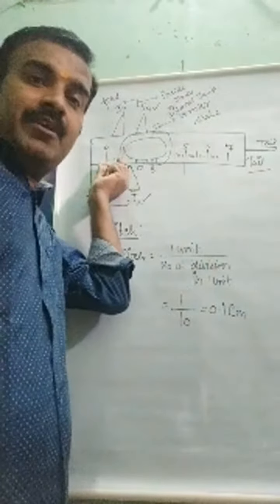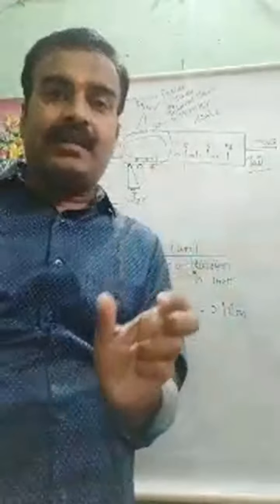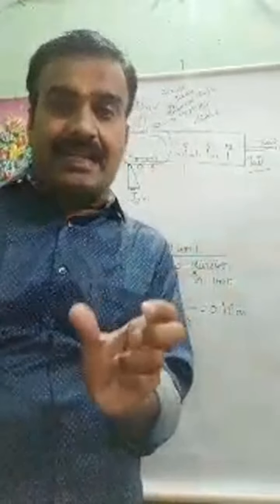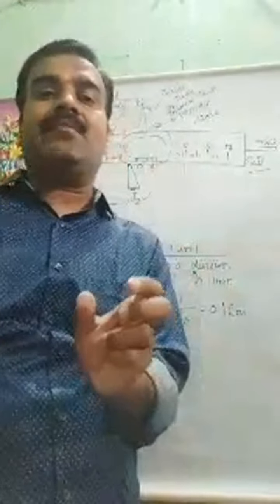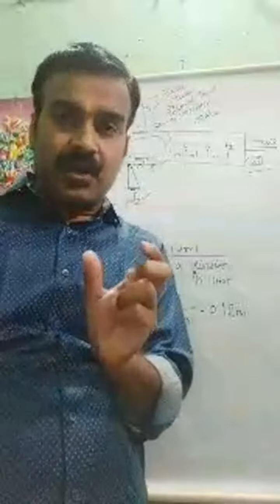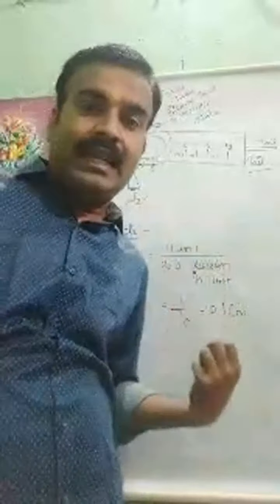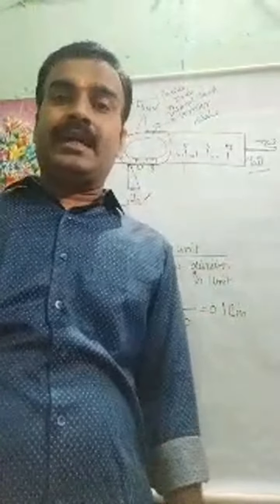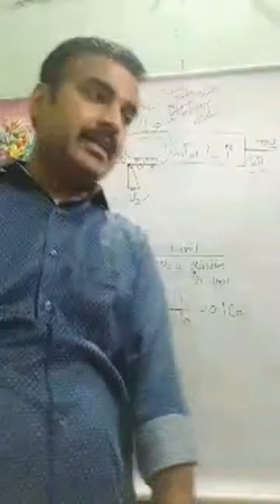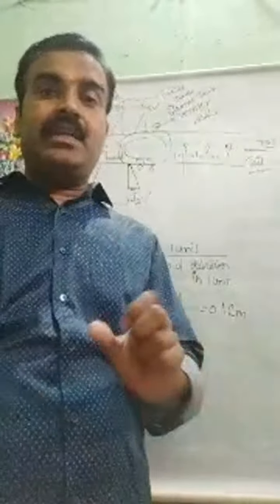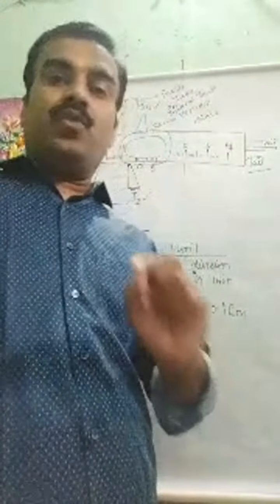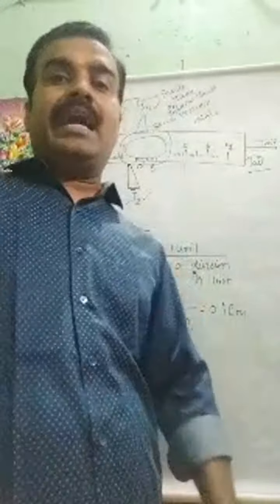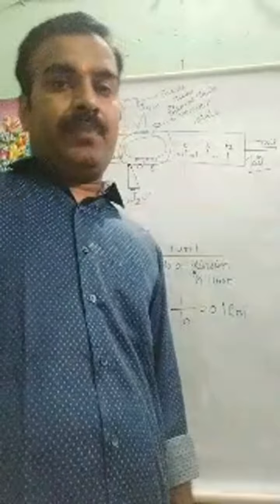Since I have already explained, in 1 centimeter of the main scale there will be 10 divisions, so 1 upon 10 will be 0.1 centimeter. Again the definition: the smallest value of length which can be read directly from a main scale accurately is called pitch.